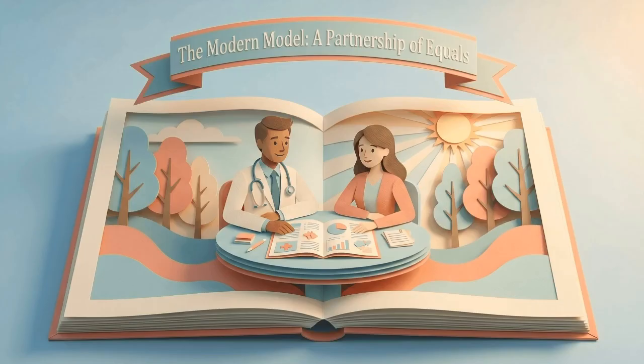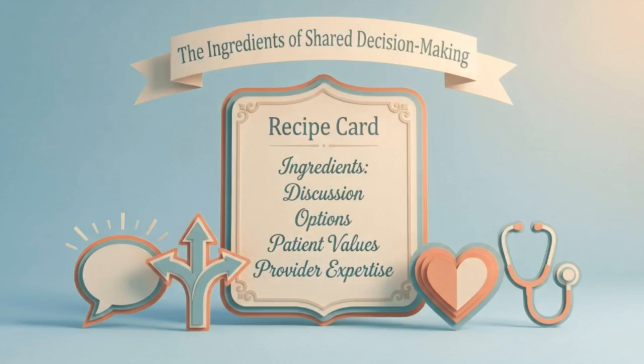So, what does shared decision-making actually look like in practice? Think of it as a recipe with several key ingredients. First, there's a thorough discussion of the patient's condition, ensuring they understand their diagnosis.